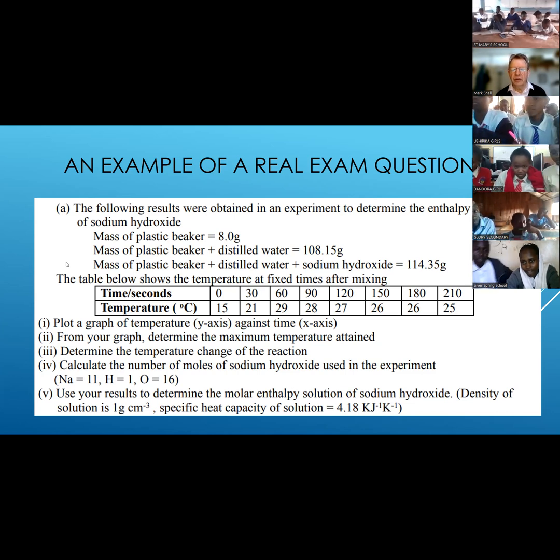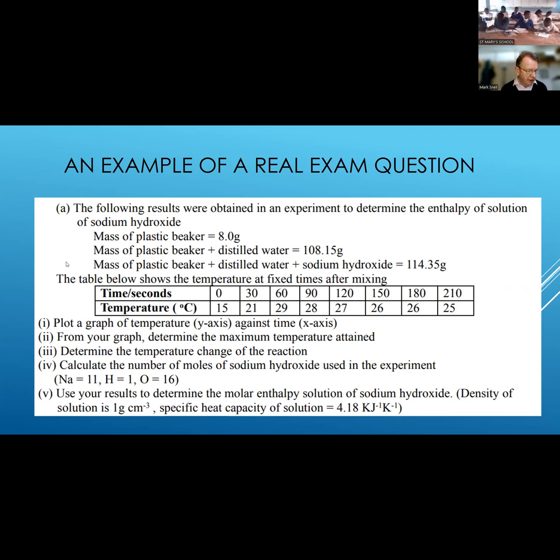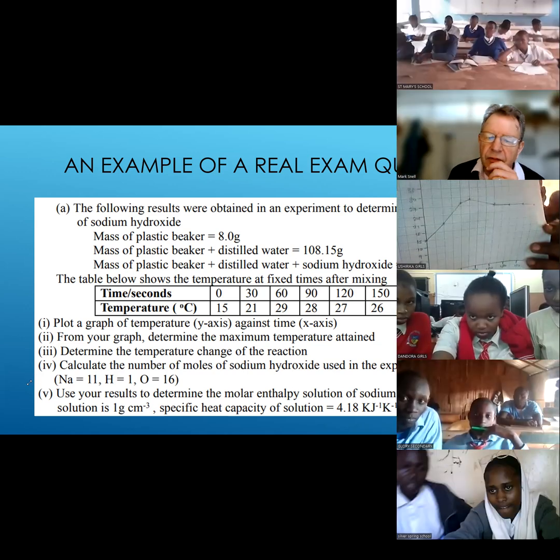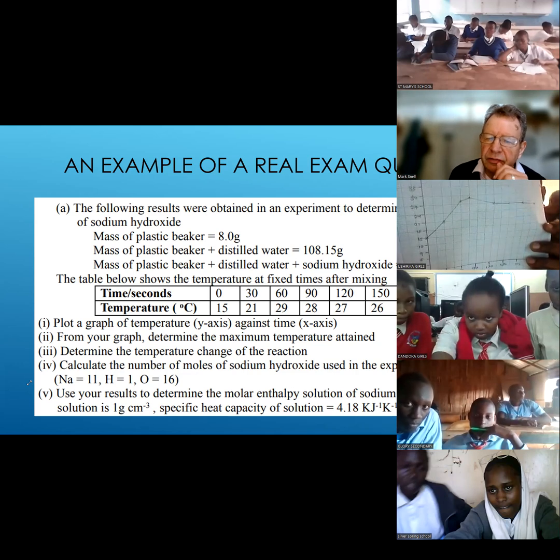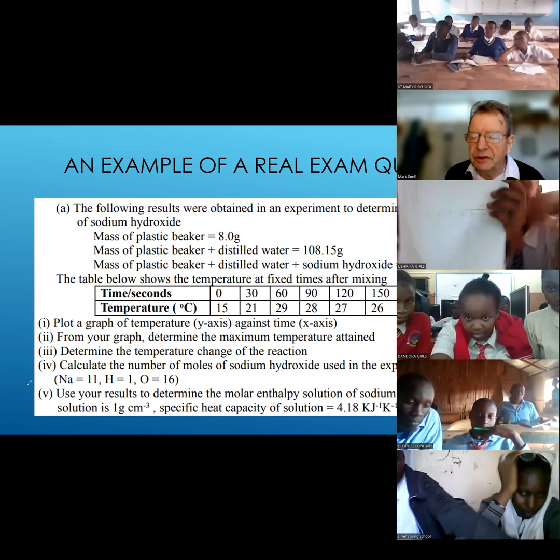I'm just going to show you another slide in just a moment. I'm going to show you a graph of it using something fairly simple. But I will let everybody have a go first. Oh, great graph, Osharika. That's a lovely graph. So what is the temperature change?